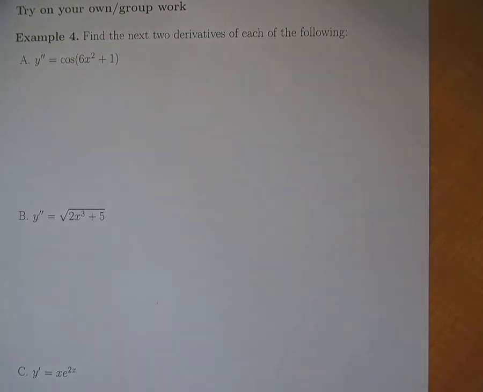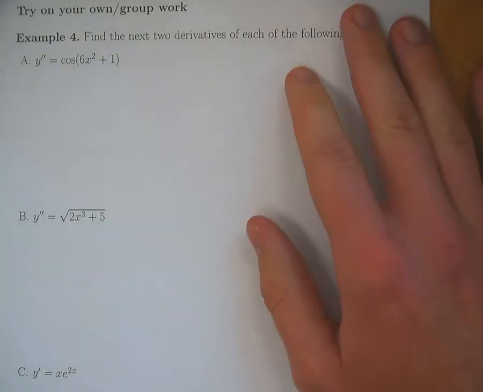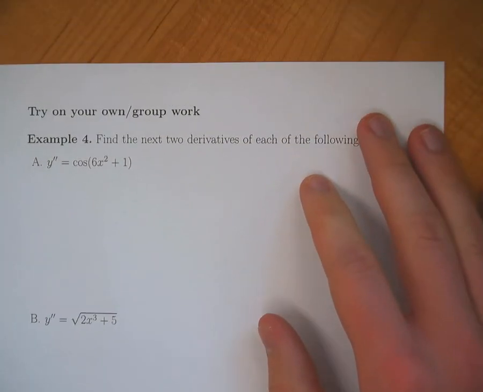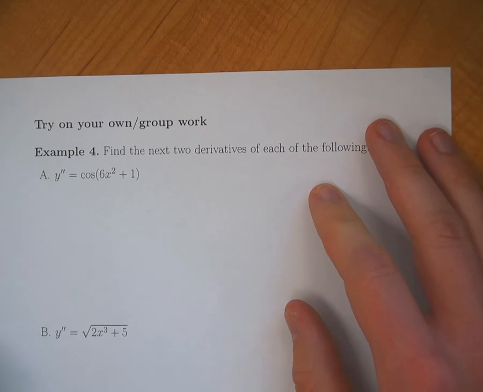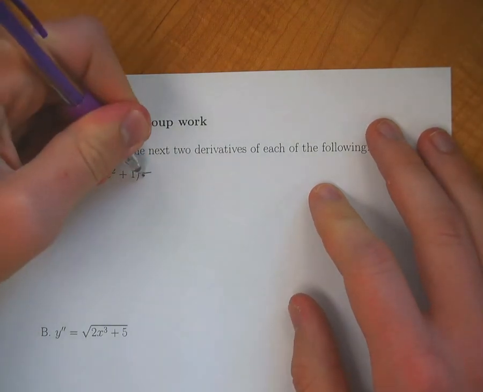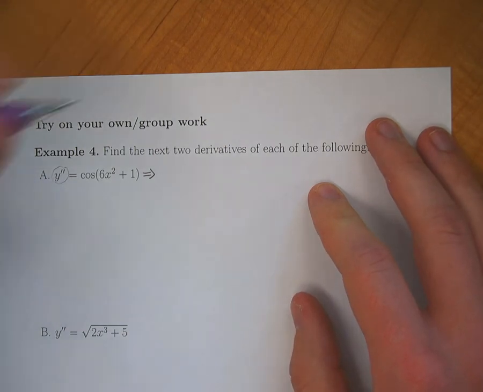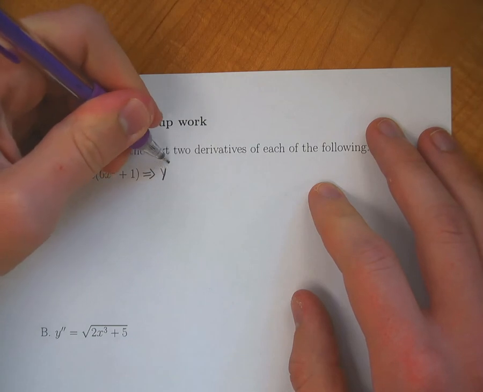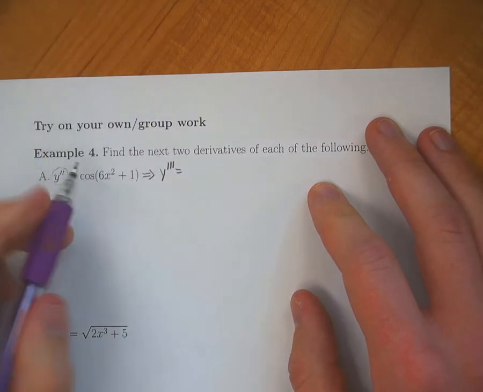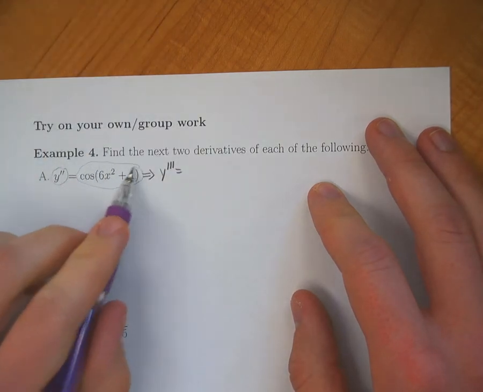So let's start by taking a look at part A. If we have to find the next two derivatives of the following, it might help to start by taking a look at what y triple prime is from given y double prime. So take the derivative of cosine of 6x squared plus 1.